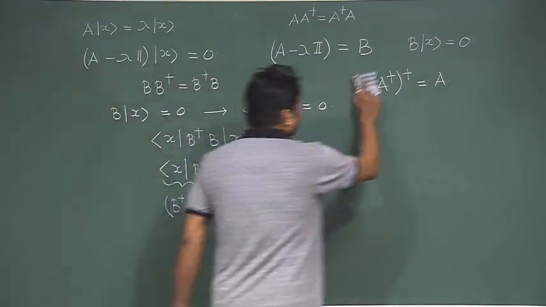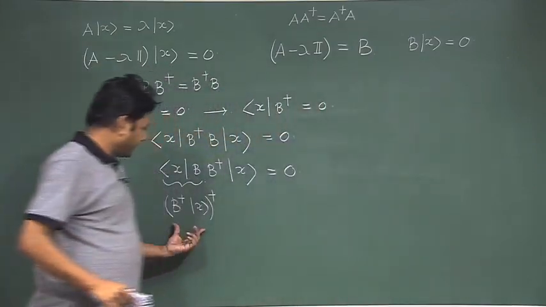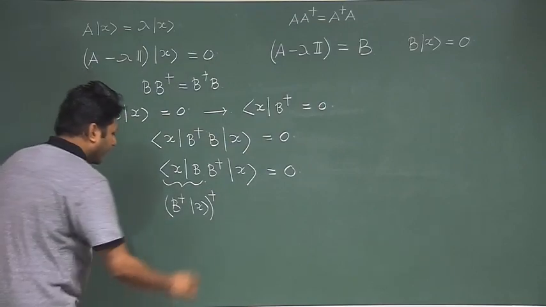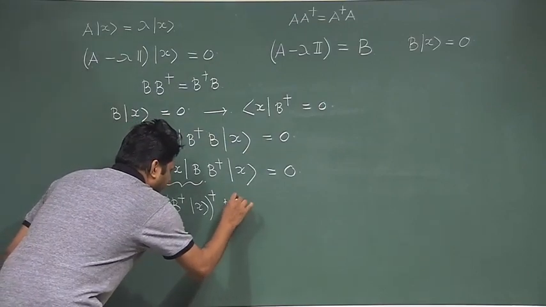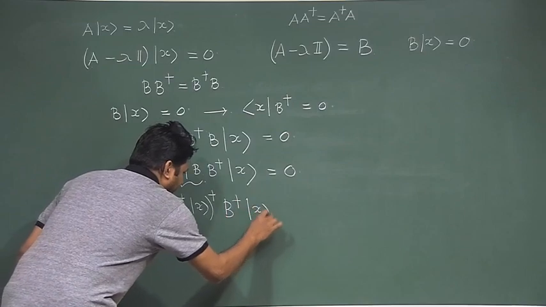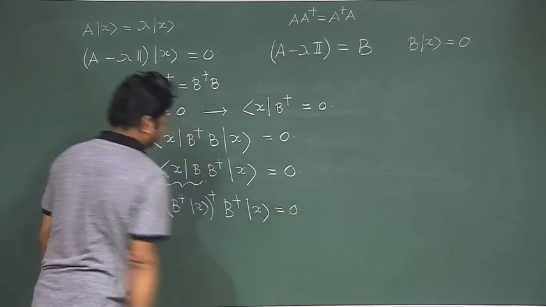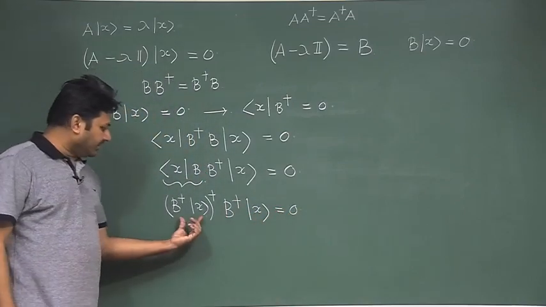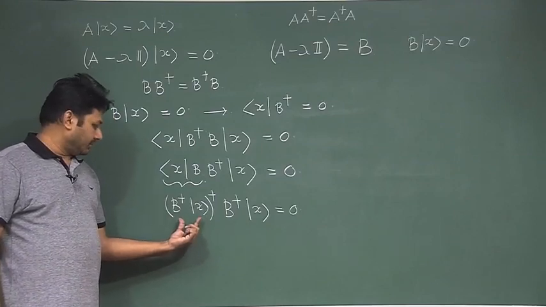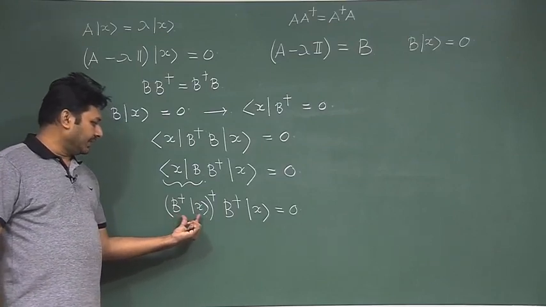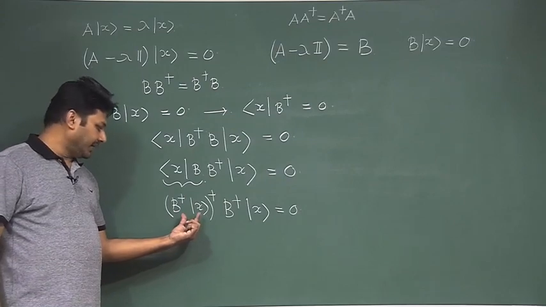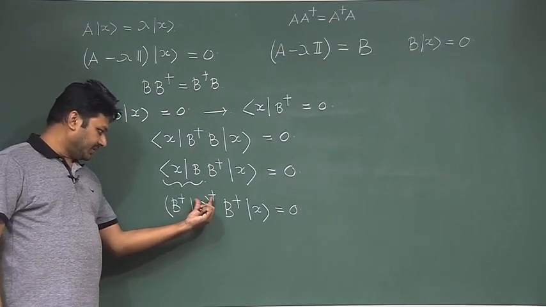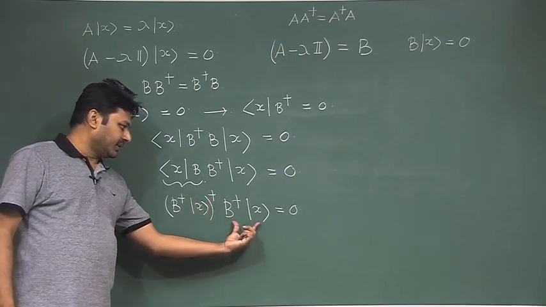Using this property, I can write it in this way, and the rest of the part is the same as this. So this is an operator over a vector, giving a vector which is daggered, and this is the same vector which is undaggered.